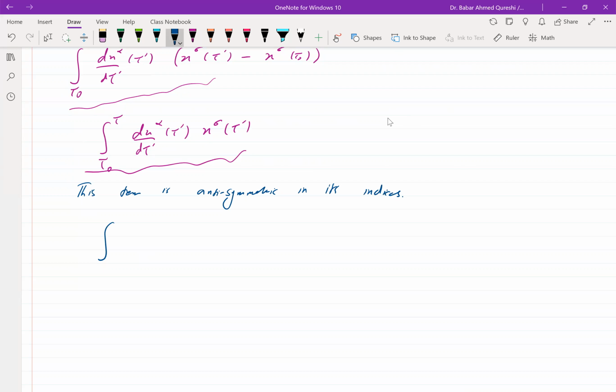Because if I look at d tau dash dx alpha over d tau dash x sigma, and I add to it dx sigma over d tau dash x alpha, then this is a total derivative.